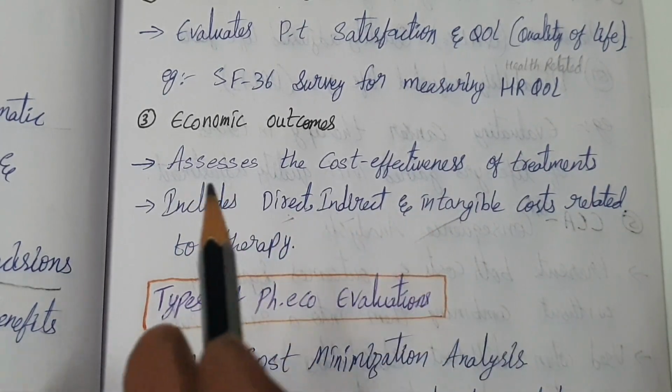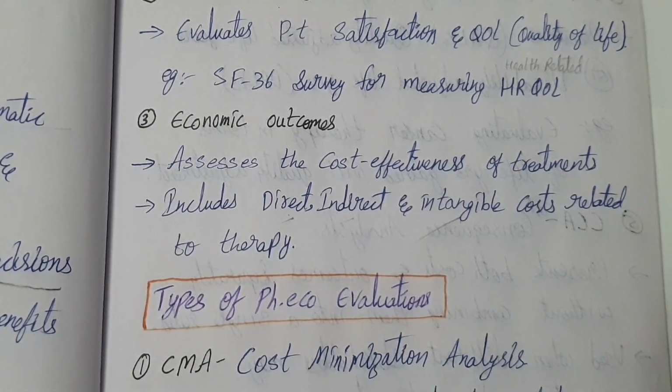If someone is suffering from a disease, they will take leave, or they may get fired from their jobs, so they lose their job. So it is also indirect cost. Intangible cost means pain and suffering. The patient is suffering from the disease, the pain, okay, that comes under intangible cost.